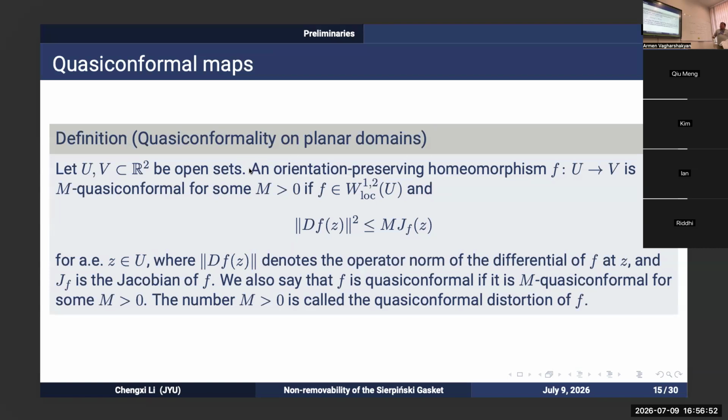The operator norm of the differential at z, squared, is smaller than or equal to M times the Jacobian. We say that f is M-quasi-conformal for some positive M, and the number M is called the quasi-conformal distortion of f.